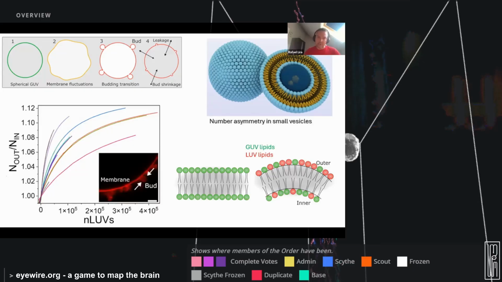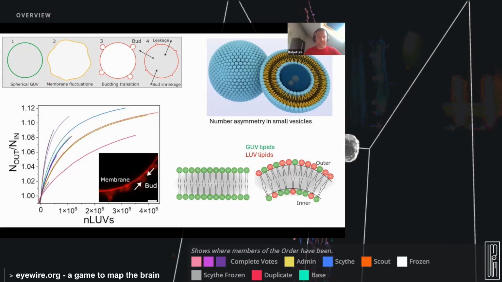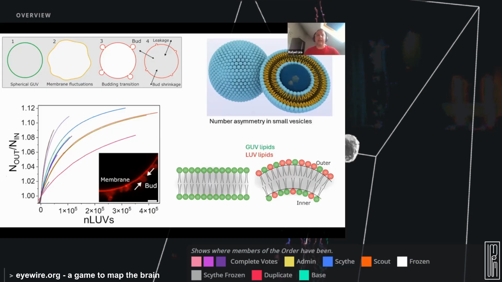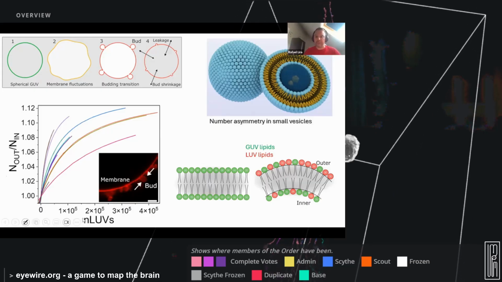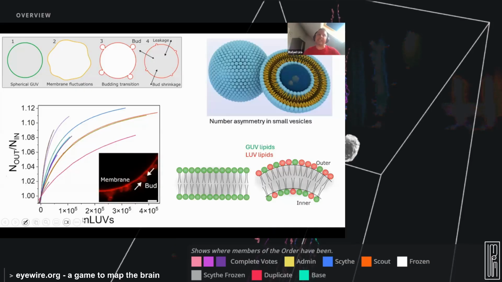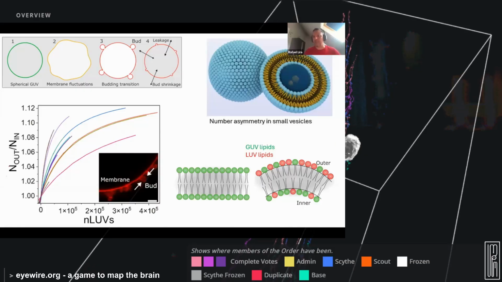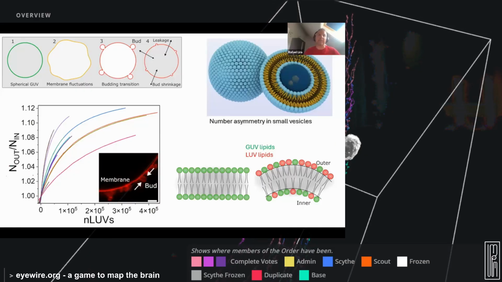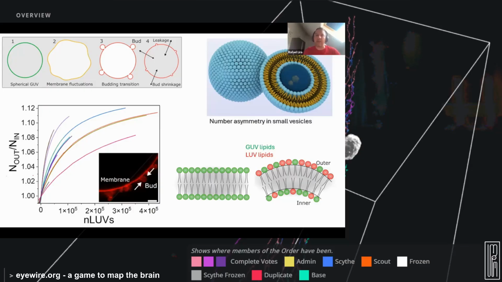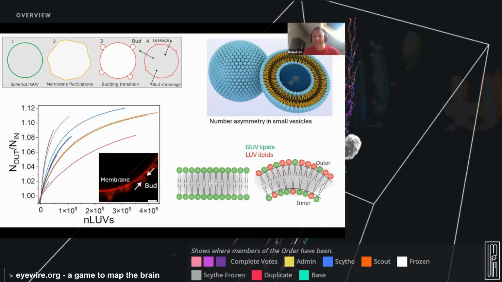We can calculate this. From the buds, we see that there's spontaneous curvature change. We know the number of LUVs that fuse to the GUV. We knew that from the FRET and the content mixing experiments. And we can then calculate the ratio of lipids in the outer versus the inner leaflet. And this is what we have: an increment of between 8 and 10% lipids in the outer leaflet.